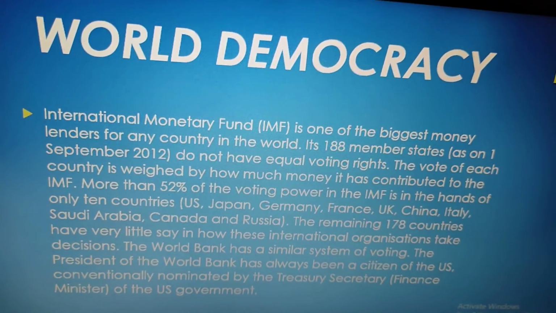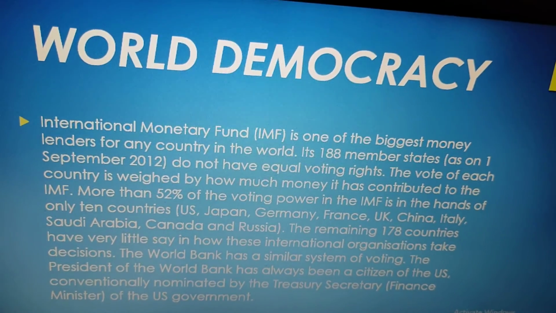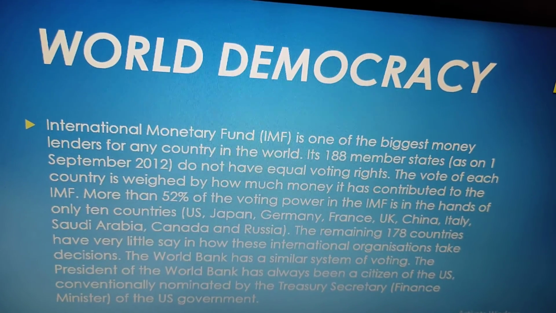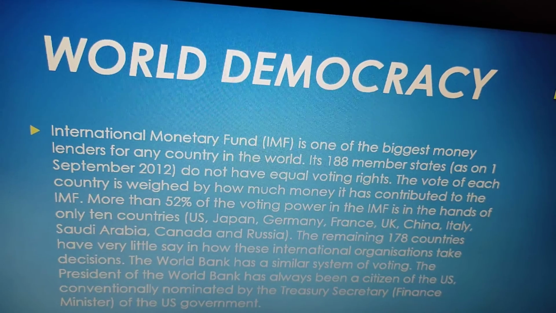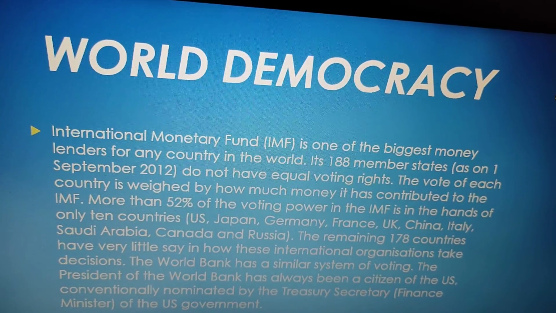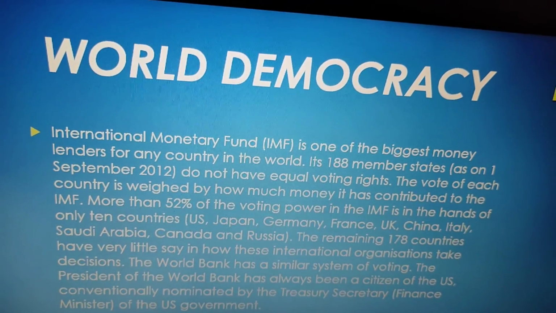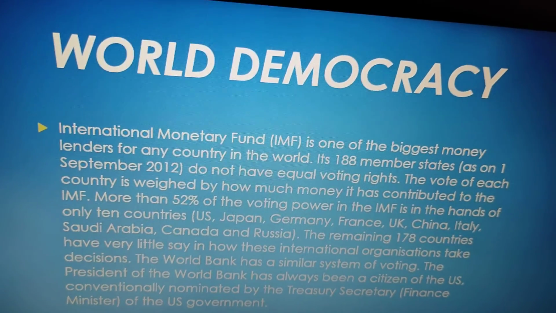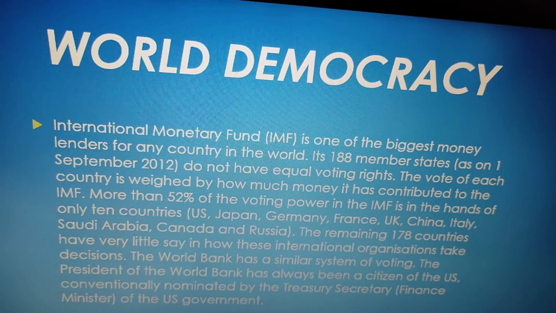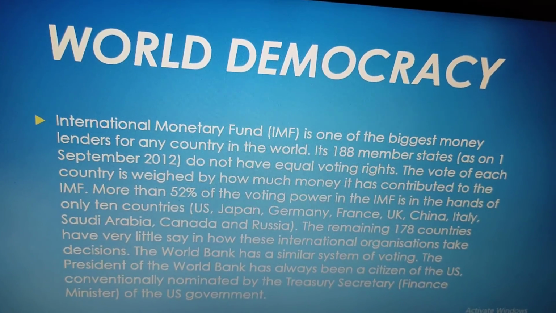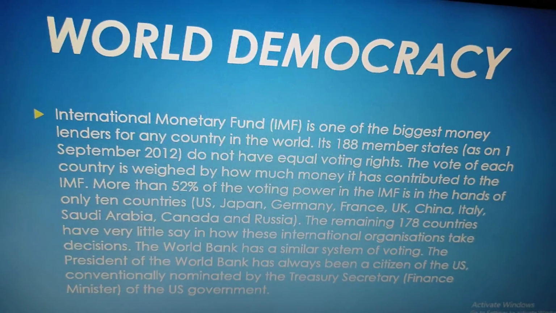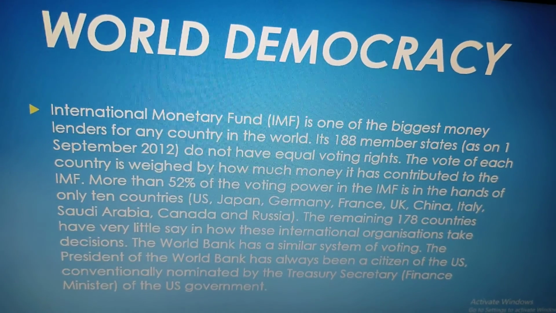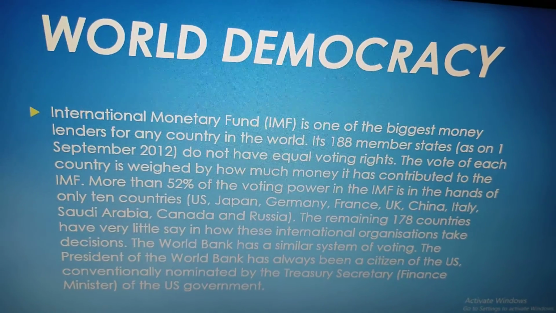More than 52% of the voting power in the IMF is in the hands of only 10 countries: US, Japan, Germany, France, UK, China, Italy, Saudi Arabia, Canada and Russia. The remaining 178 countries have very little say in how these international organizations take decisions. The World Bank has a similar system of voting.